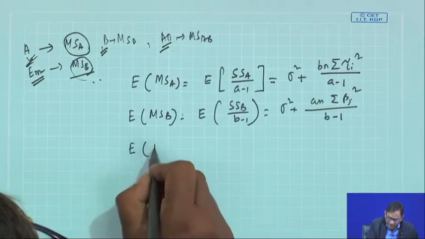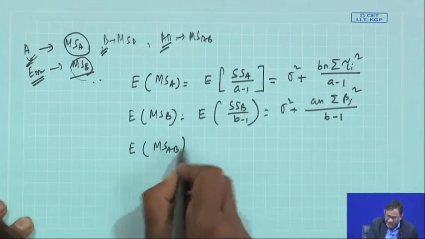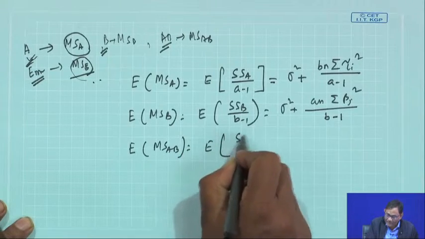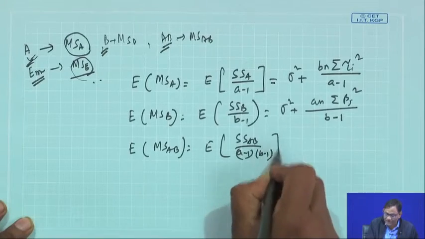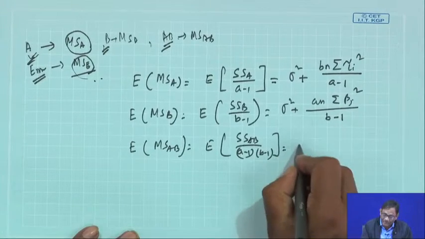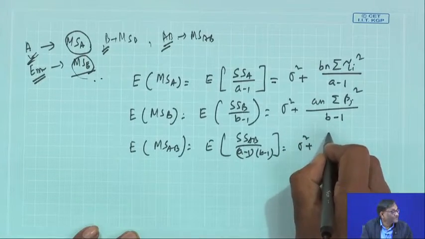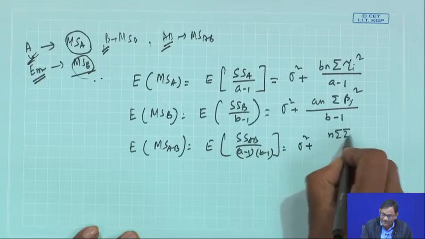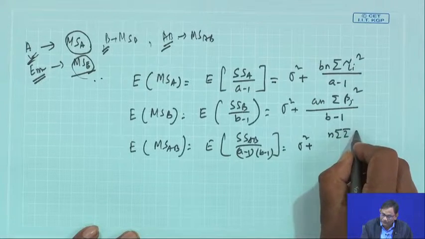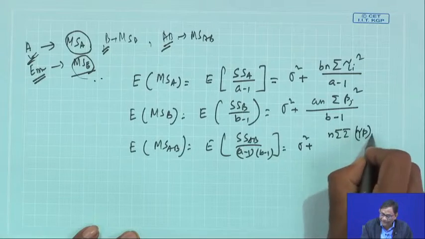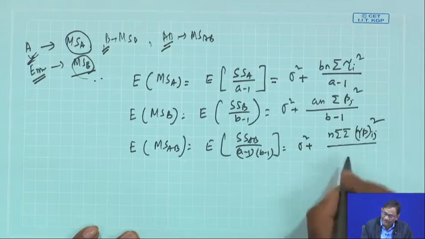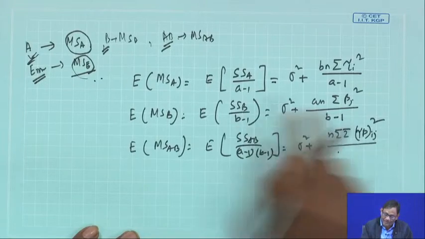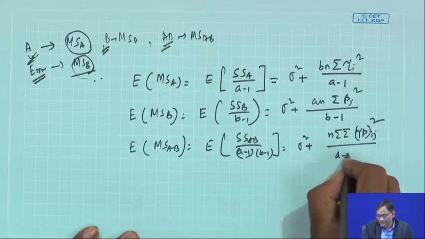The expected value of MSAB, the expected value of SSAB by a minus 1 into b minus 1, becomes sigma square plus n double sum of tau beta ij square divided by a minus 1 into b minus 1.